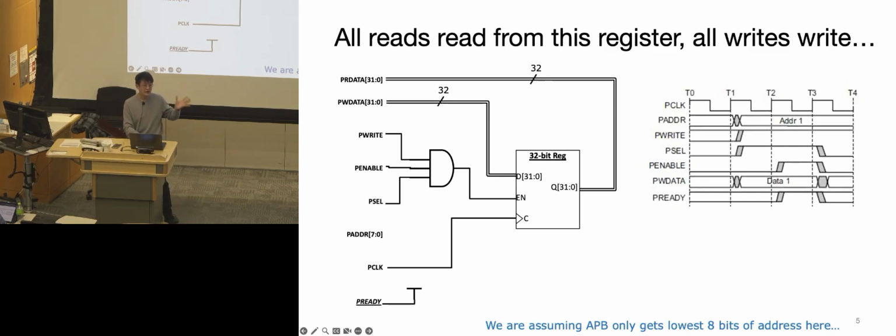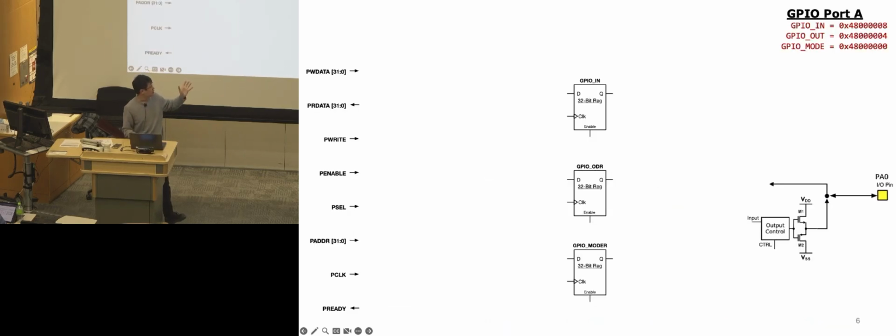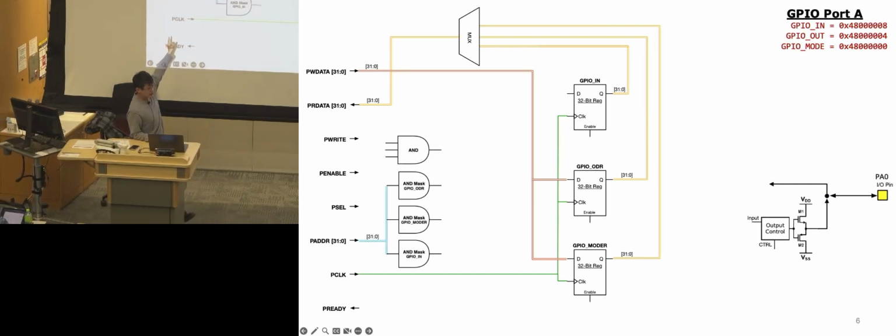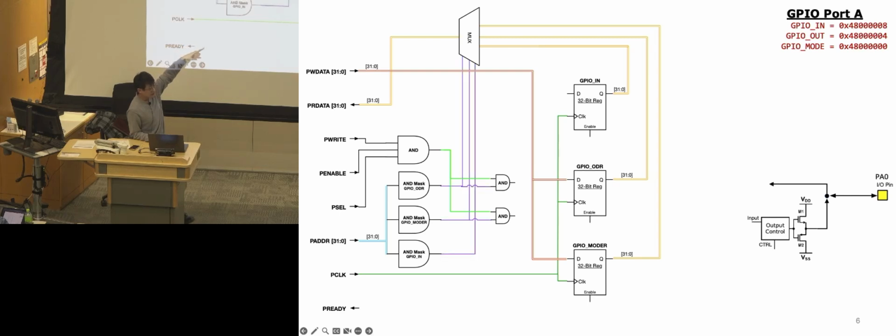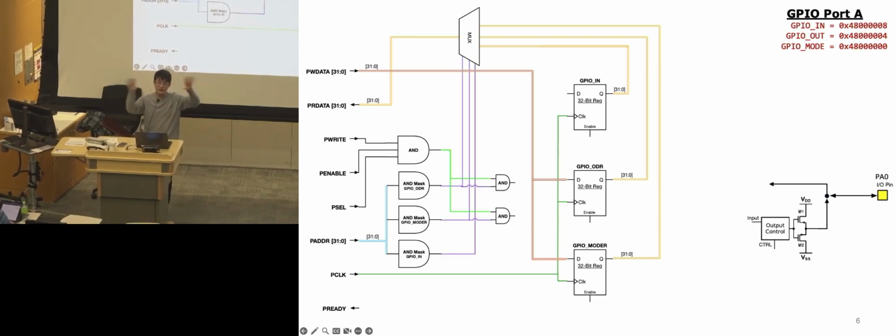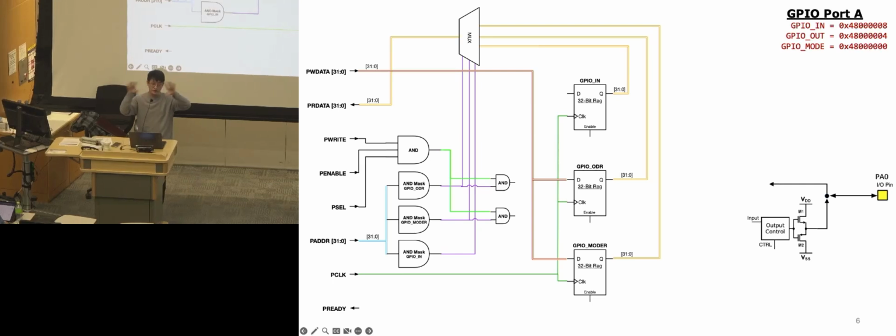If, say, we have multiple registers in one peripheral, which is what happens, then we essentially need another, the address pins, to be part of that enable. Because if you think about it, on the top we have the peripheral, and underneath the peripheral there are a few registers that belong to this one peripheral.